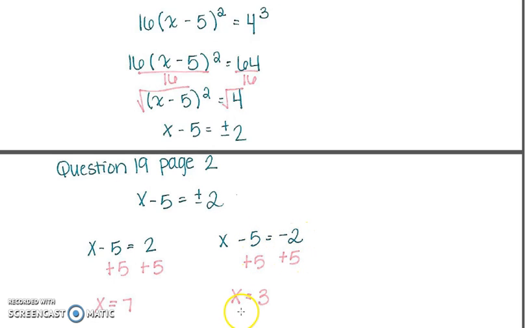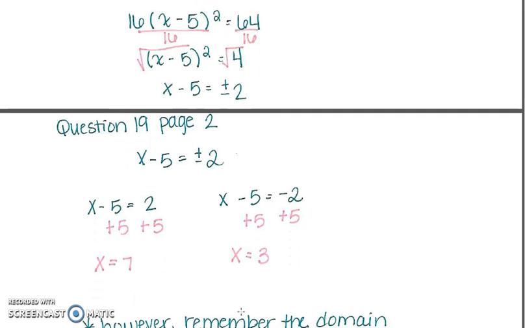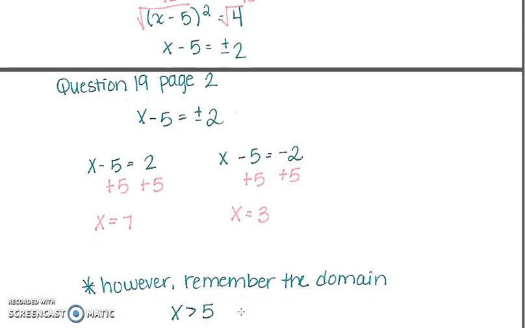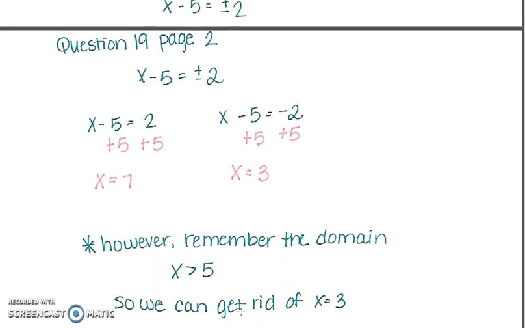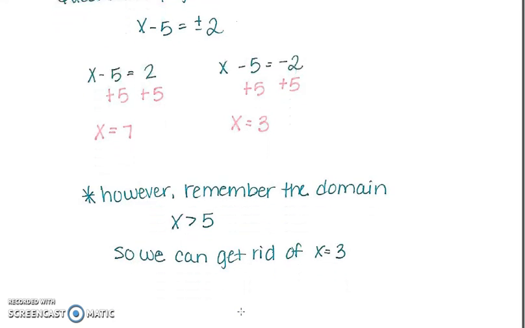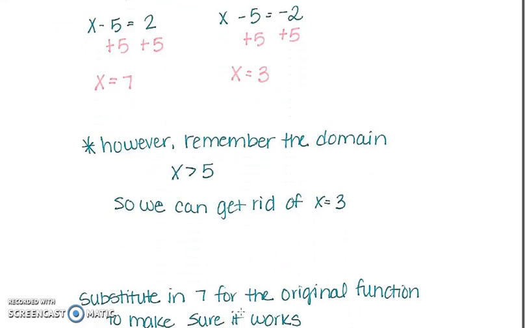Add 5 to both sides, and we end up with x equals 3. Now, this is why the domain comes in so handy, because our domain said that x needs to be greater than 5, and if it's not greater than 5, the solution would be extraneous. So we can get rid of x equals 3, and we would be left with 7.